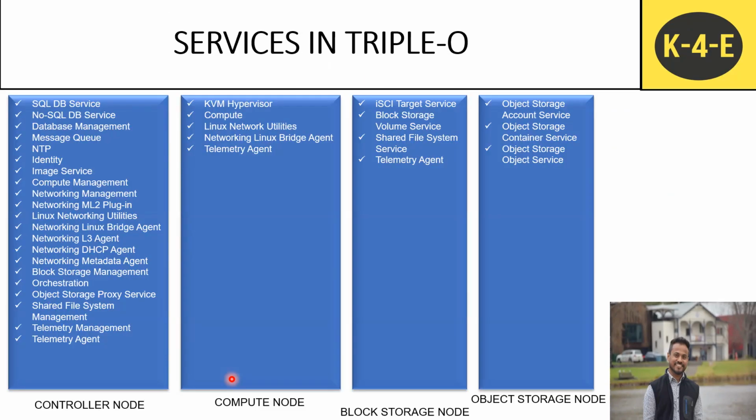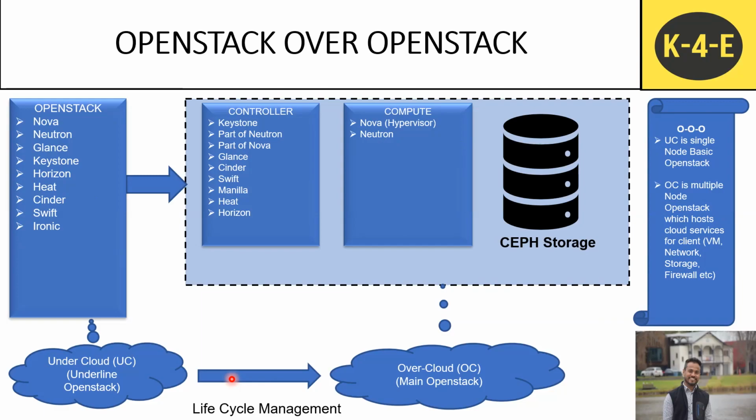I also explained the services which run on each type of node, whether it is a controller or compute. So today I'll explain in brief how exactly this TripleO architecture, which we call OpenStack over OpenStack, works.